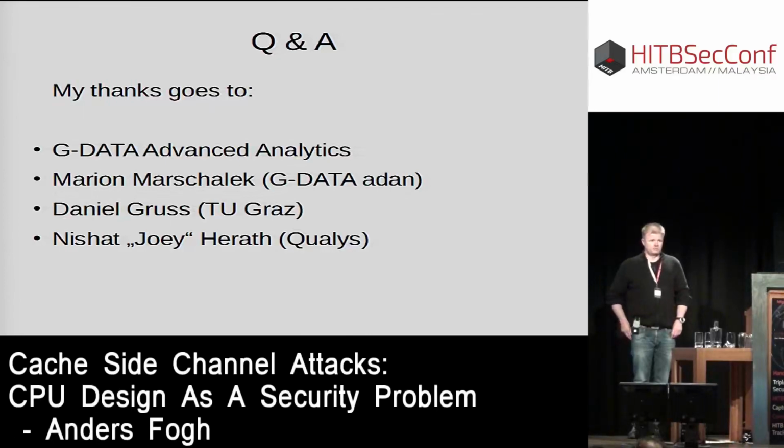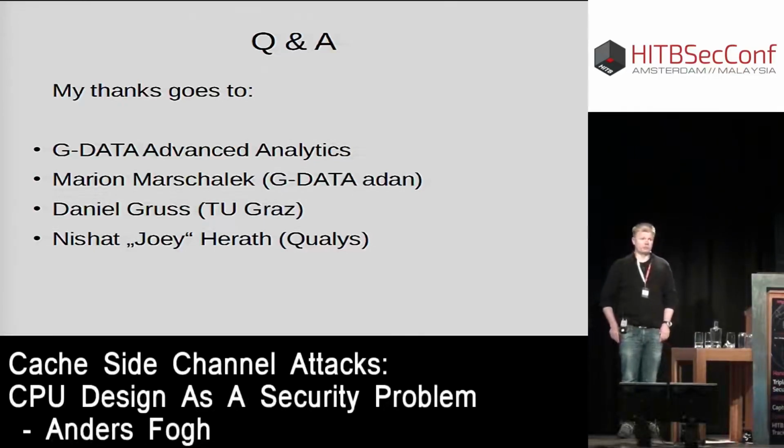Are we talking here about physically tagged cache lines or virtually tagged cache lines? I'm not sure about the Intel architecture. I know on other stuff, but the cache lines that you have are physical address memory, right? When I talk about addresses, I talk about physical addresses.